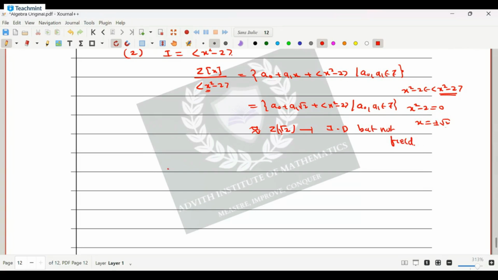So therefore, since it is an integral domain, the ideal I is equal to x square minus 2 is a prime ideal of Z over x, not maximal. Why? Z root 2 is not a field.